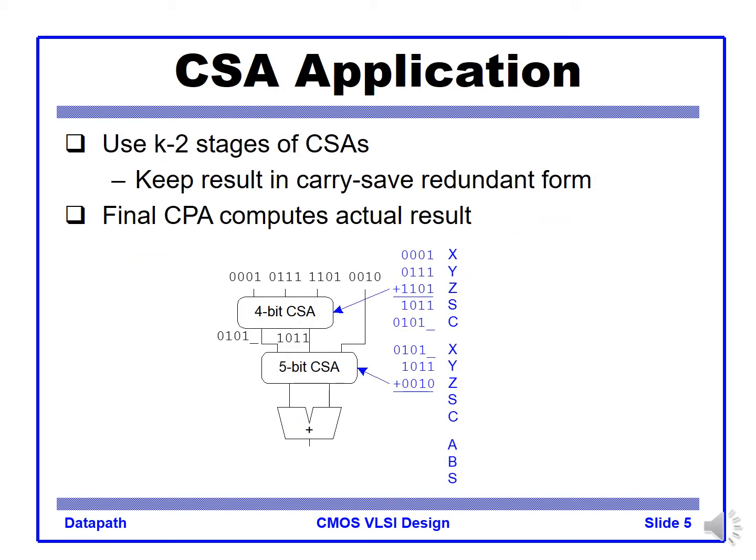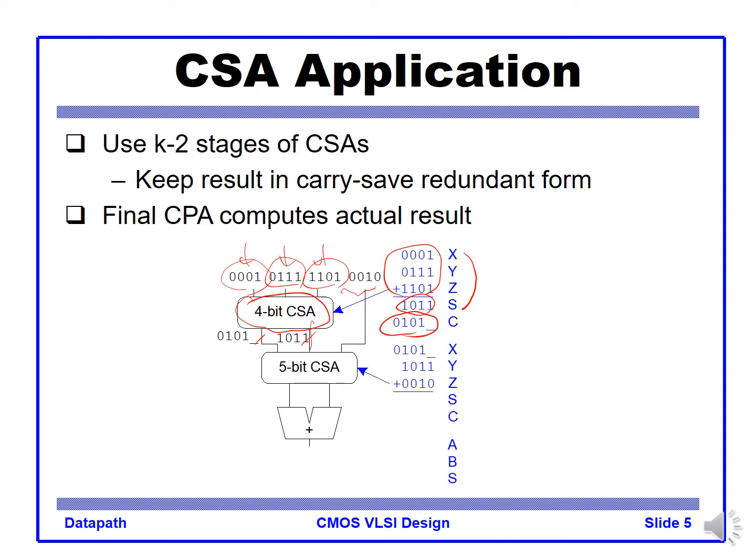This is in more detail. We need 3 numbers to add. We go through the carry save adder. The carry save adder gives us the sum and carry out. So in this case, if we add those 3, sum and carry will be generated. The carry has a 1-bit higher bit position.